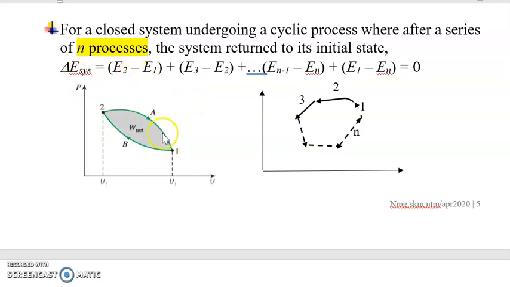So you have the change from state 1 to state 2 added to the change from state 2 back to state 1 would have been zero total. If you have several processes up to n, you can determine the change of the energy of the system being still equal to zero because the initial and final state of the system is the same.